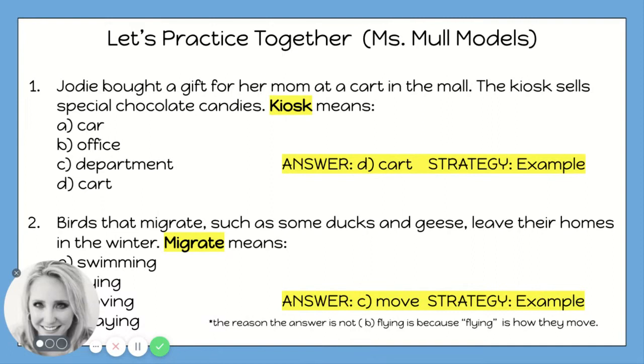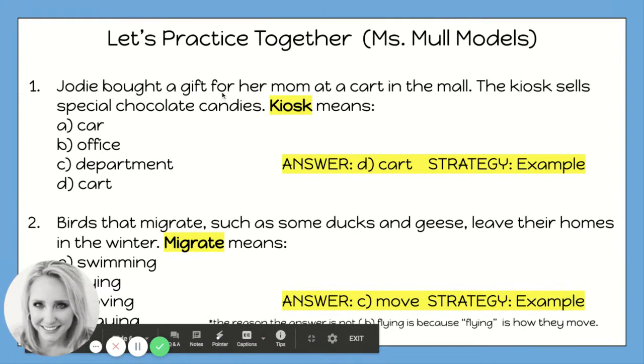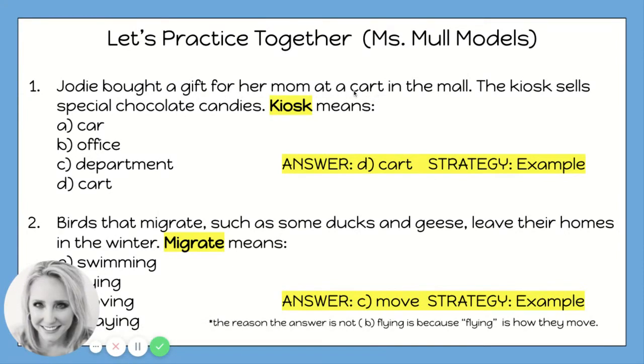Then I have the word cart. Cart is in the sentence. She bought her mom a gift at a cart. All of you have been in the mall. All of you have seen these kiosks that line the center of the walkway, the corridor.